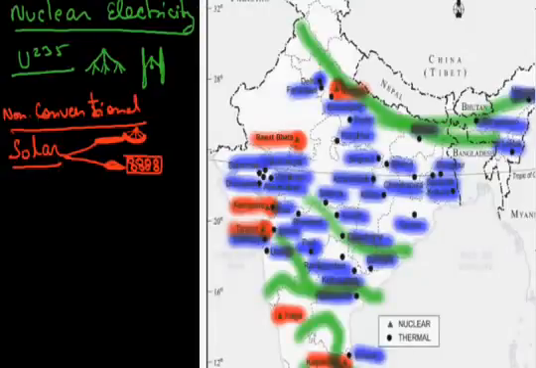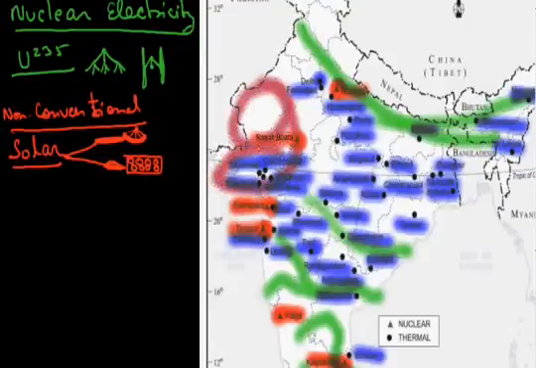The major regions where this energy is used are basically in the western part, this region, that is the Rajasthan and Gujarat part of India. You can see a lot of potentiality to produce solar energy.